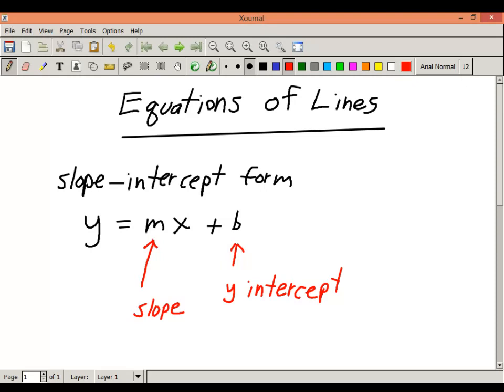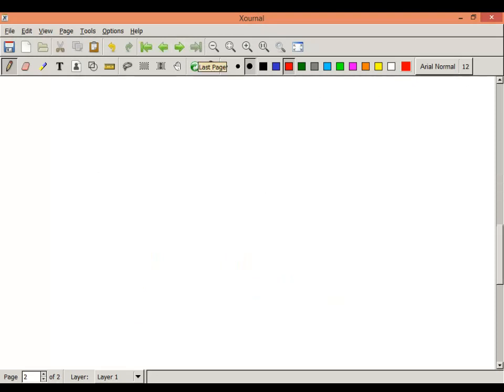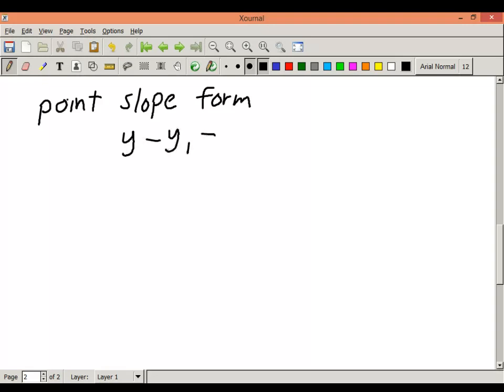Another form of the line we're going to have in this lesson is called point slope. We'll do examples of these here in a bit. Point slope form. So that one is y minus y sub 1 equals m times x minus x sub 1.